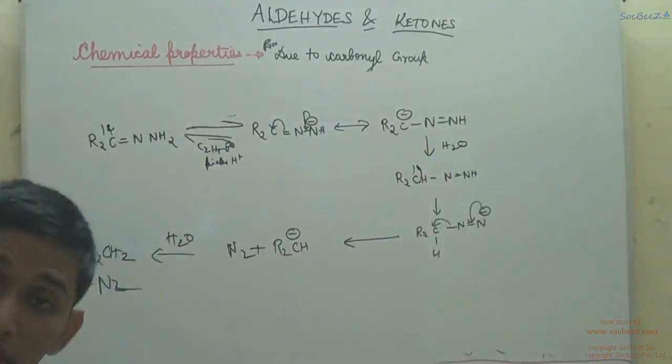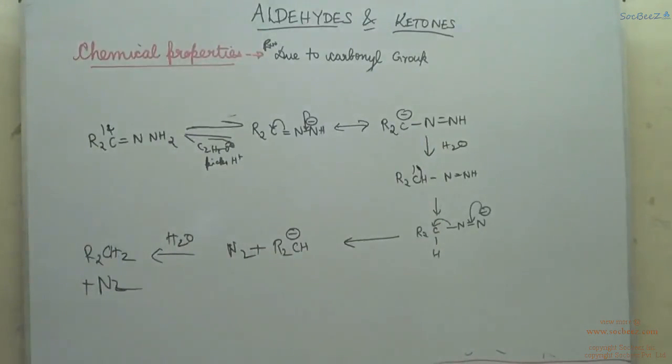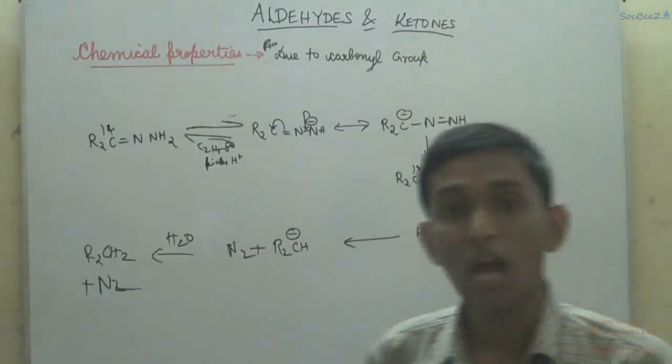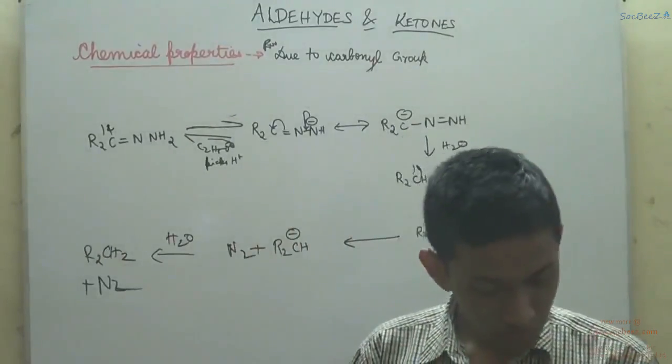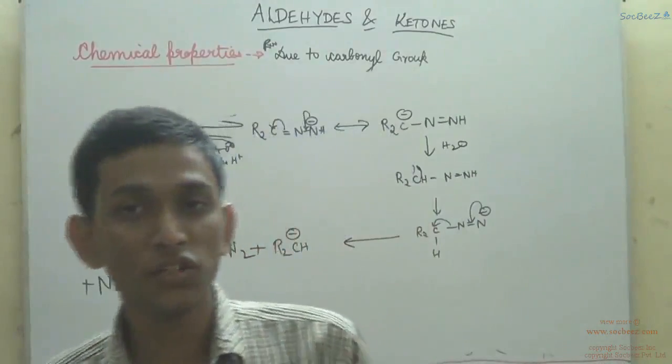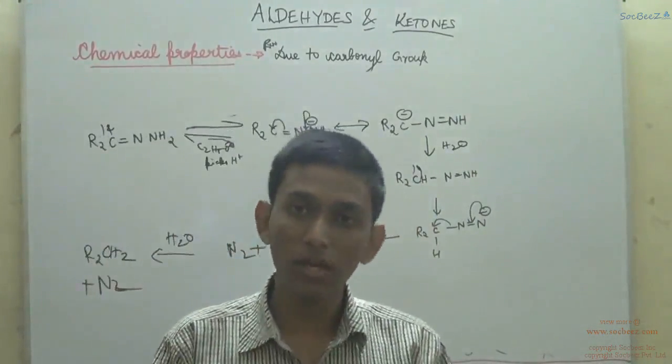In this reaction, C double bond C, that is the olefinic group, and C double bond O, that is the carbonyl group of alpha beta unsaturated compound, are also reduced, just like your Clemmensen reduction and reduction by H2 over Pd or Pt or nickel.